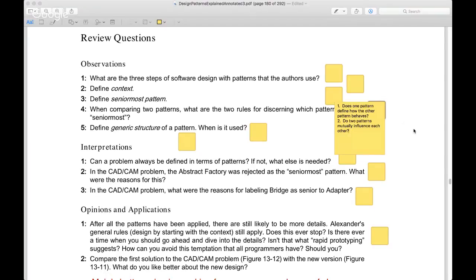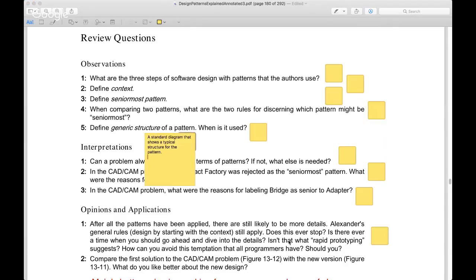So in comparing two patterns, what are the two rules for discerning which pattern is senior-most? Does one pattern define how the other pattern behaves, and do they mutually influence each other? Generic structure of a pattern: come up with a standard diagram and annotate it.